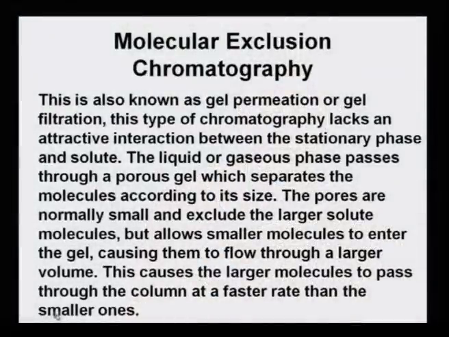Molecular exclusion chromatography. This is also called gel permeation or gel filtration. This type of chromatography lacks an attractive interaction between the stationary phase and the solute. The liquid or gaseous phase passes through a porous gel which separates the molecules according to their size. So, it does not take into account any affinity factor. It is only a kind of mesh, and molecules of a particular size would pass through this gel and the others would get retained.